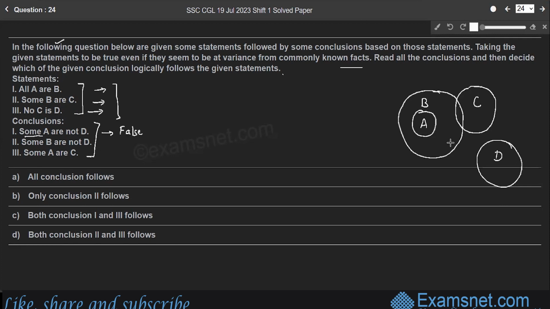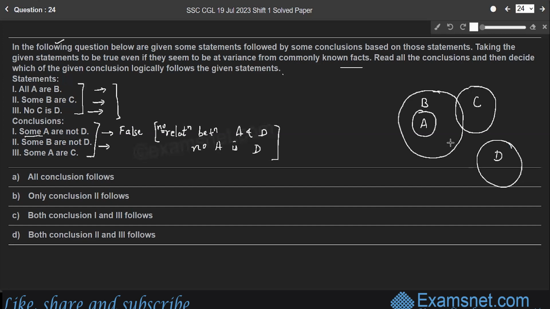Some A are not D means some A are D, right? So, which is a false conclusion. Because there is no relation between A and D, that means no A is D. So, some A are not D is a false conclusion.